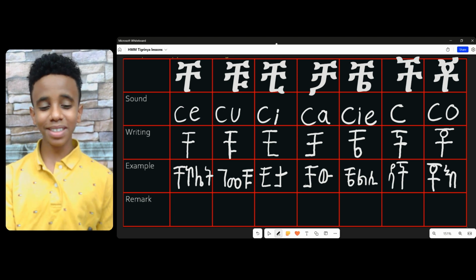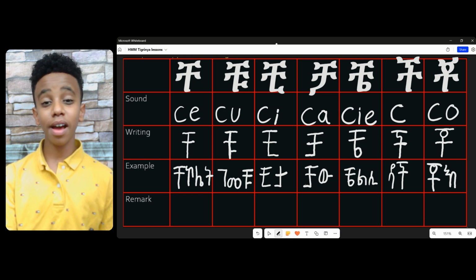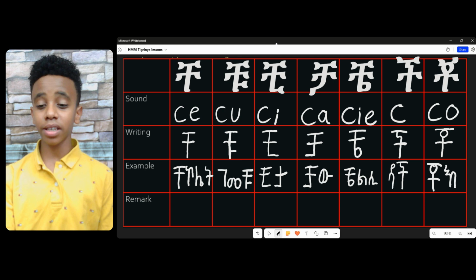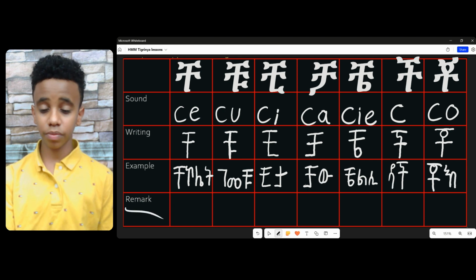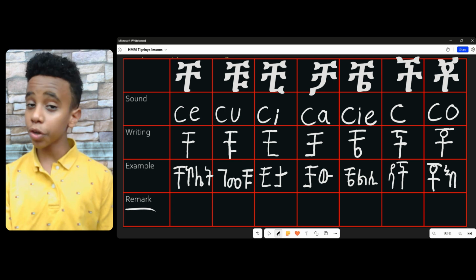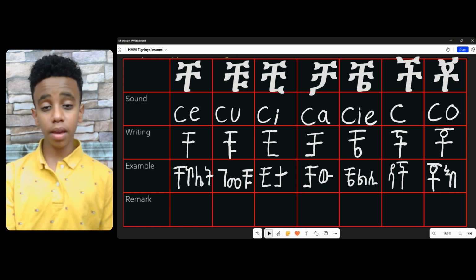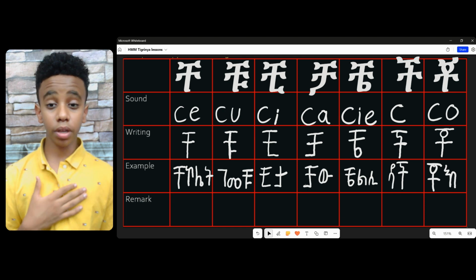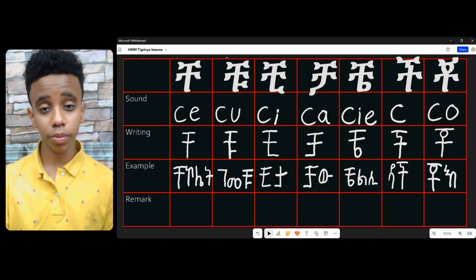Okay, now let's go to our last section of this template. And that is the remark section. So, for this video, we do not have a remark. And this means that this will give you guys an opportunity to teach us something about the Tigrinya letters that we didn't know.